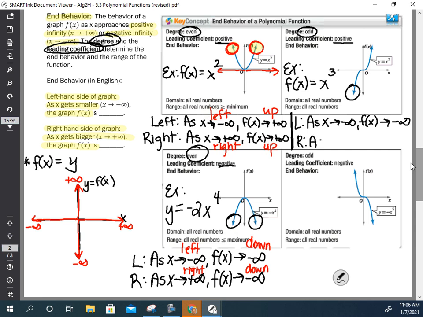What's happening on the right-hand side? It's pointing up. So as x goes to the left, the graph is pointing down. As x goes to the right, the graph is pointing up. Simple enough.